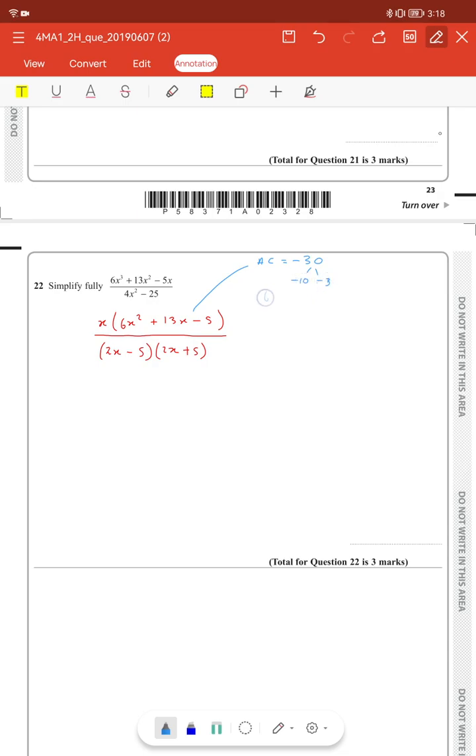So you can get 6x squared minus 3x minus 10x minus 5.